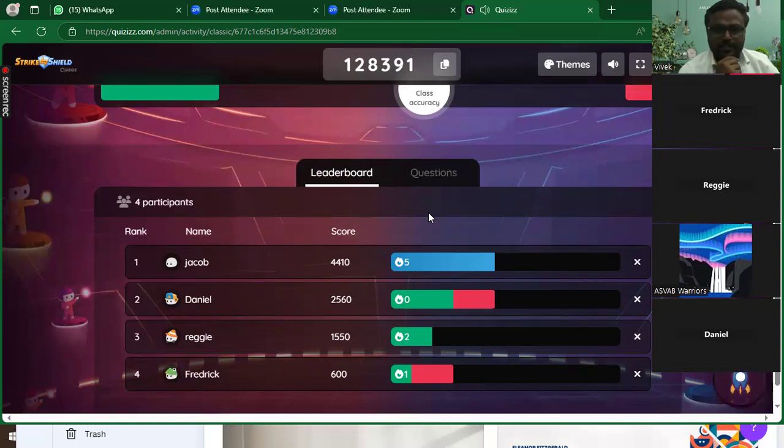Jacob is leading at the moment. Come on, Daniel, Ricky, and Frederick.